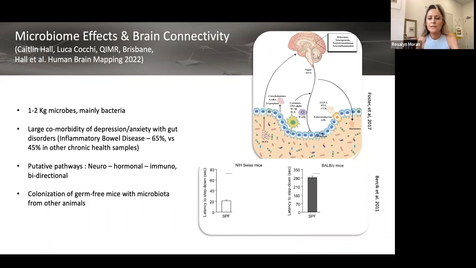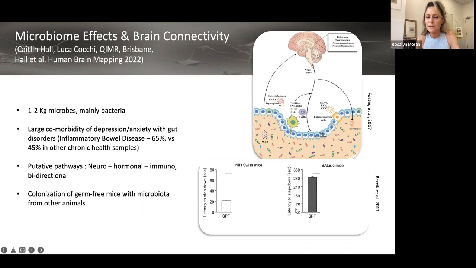This is an example of different mice, germ-free mice where they've transplanted the microbiome into other animals. And so these NIH Swiss mice versus BALB/c mice were measured in terms of an anxiety feature. So how long do they take to step down off a platform?